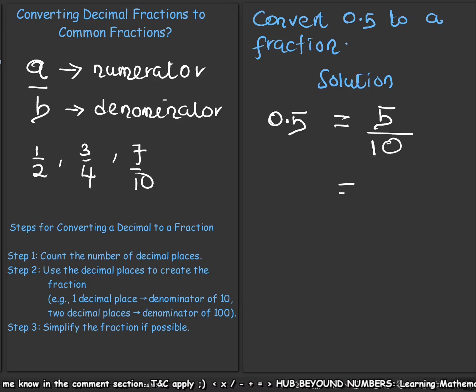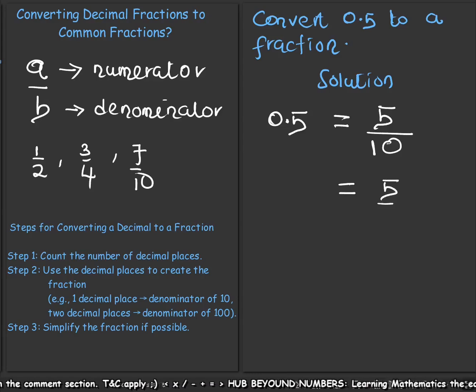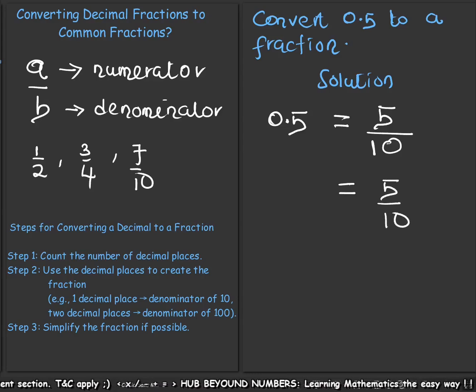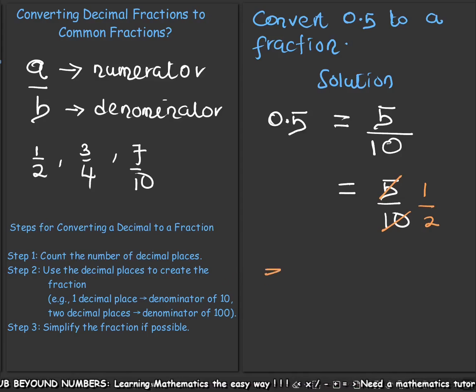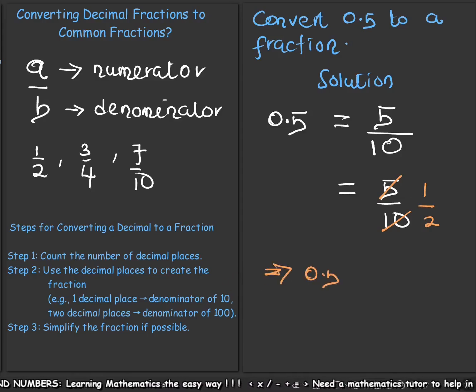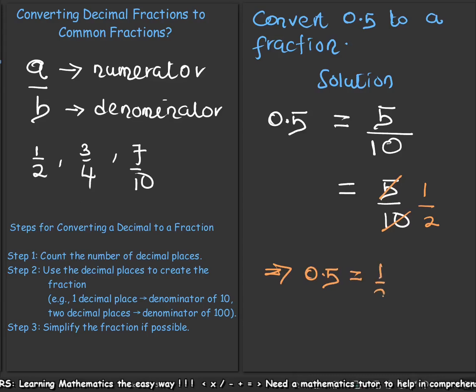At this point, if it is possible to simplify, you simplify. 5 divides itself once and divides 10 twice. So 0.5 is equal to 1 over 2.